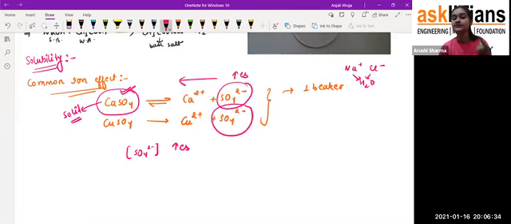Fine, and that is why we are getting more calcium sulfate in the solid form, due to which its solubility decreases. And even if I talk about alpha, the degree of dissociation, it is also going to decrease. What's the degree of dissociation?